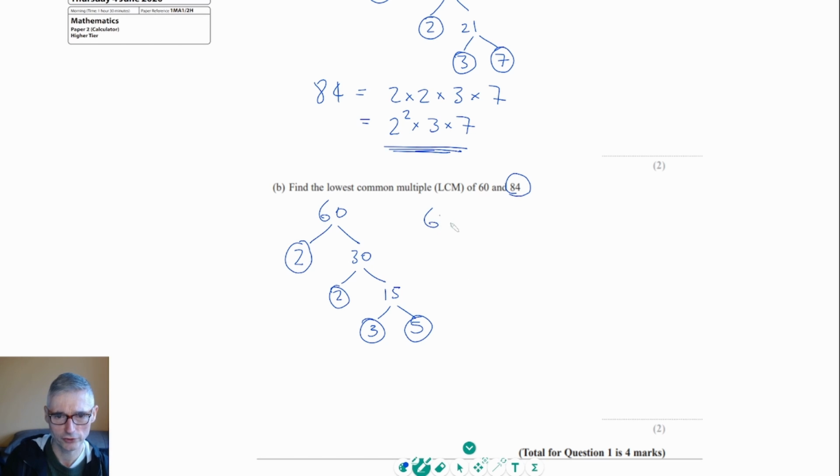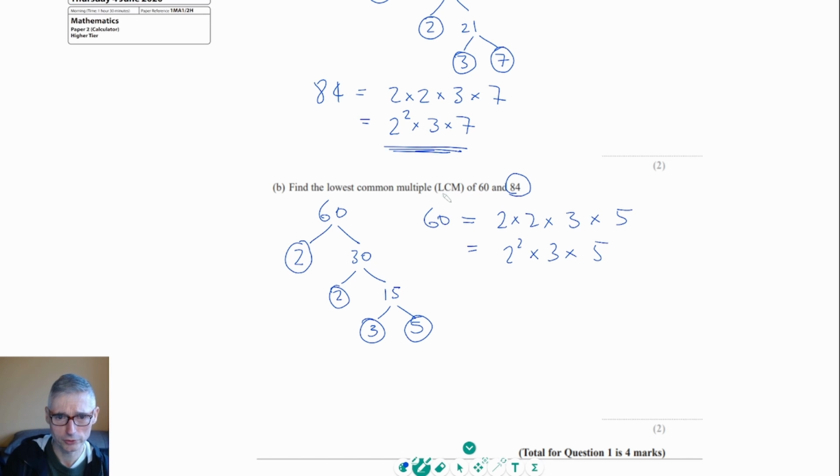So if I express those as a product of prime factors, which just means multiplying them together, then that can be 2 times 2 times 3 times 5. And if we want to neaten it up a bit, we can do 2 squared times 3 times 5.